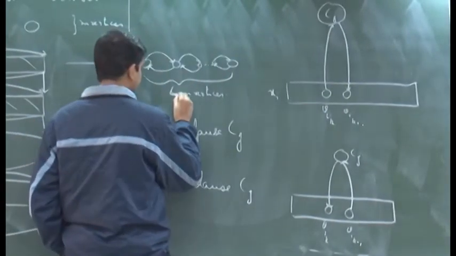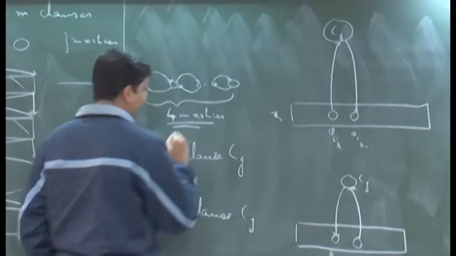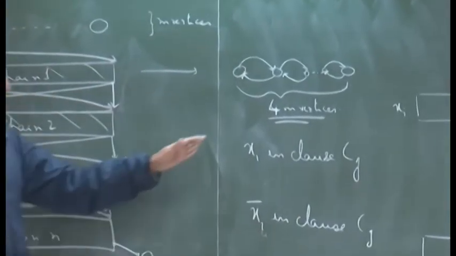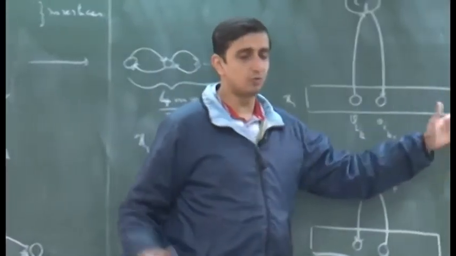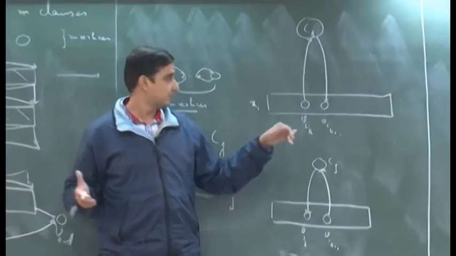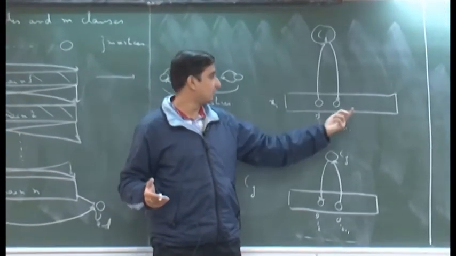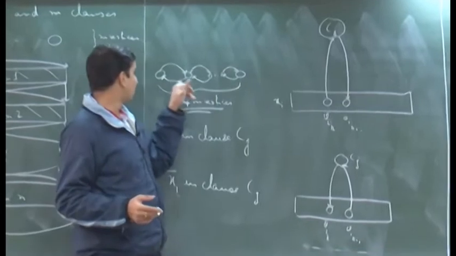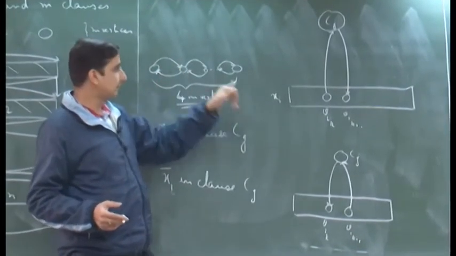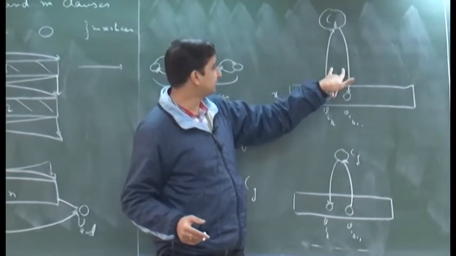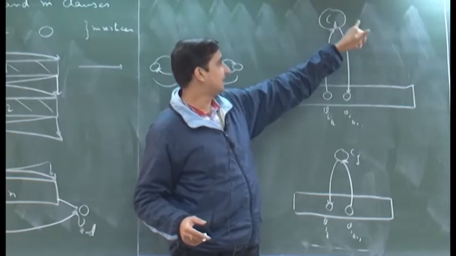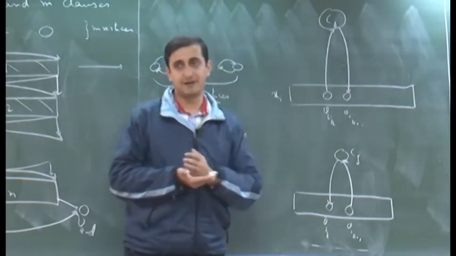Okay. So, we have these 4m vertices sitting over here, right. These vertices must be spaced out in such a manner that there is always a gap of at least one such link between the edges going to, let us say, a clause j and some other clause j prime.